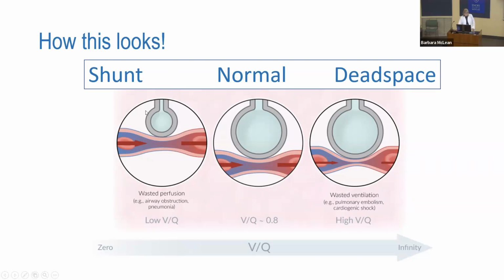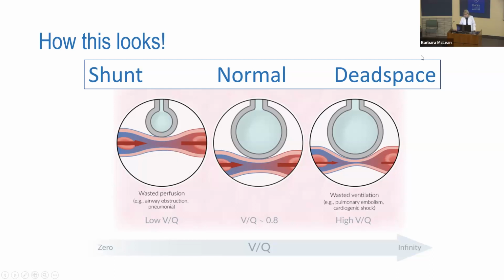In shunt, remember, we have blood that passes through the lung without getting oxygen because we're hypo-recruited, not just hypoventilated, but our alveoli are not recruited. So we might have obstruction to gas flow, narrowing of our airways, underventilation, or pneumonia. Our alveoli are not recruited, so blood passes through here without getting oxygenated.